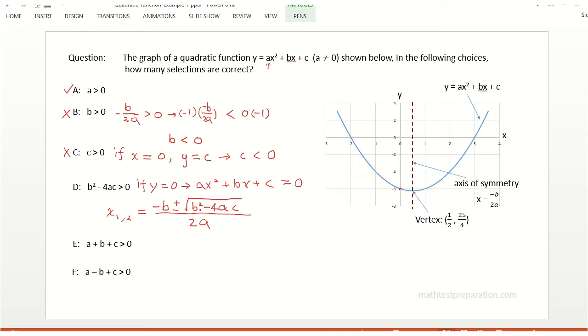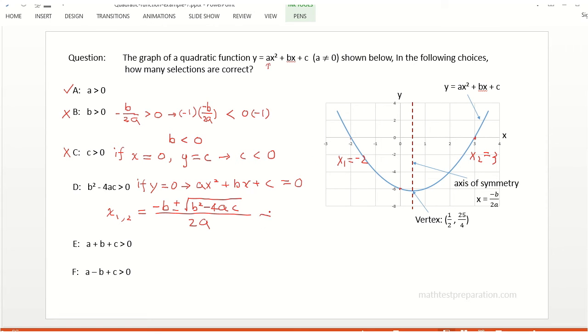If b squared minus 4ac is larger than 0, then we have two solutions, x1 and x2. In our case, when y is 0, which is the x-axis, it intersects with the graphic at these two points, x1 and x2. x1 equals -2 and x2 equals 3.